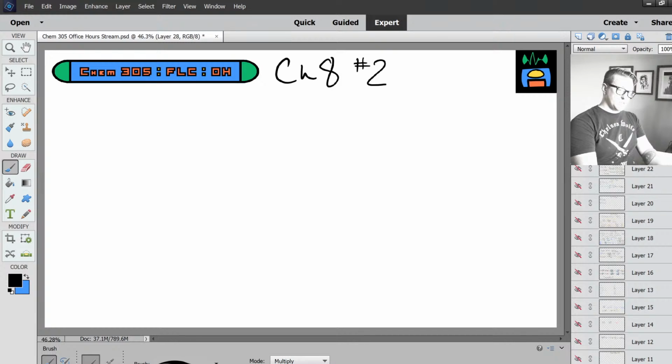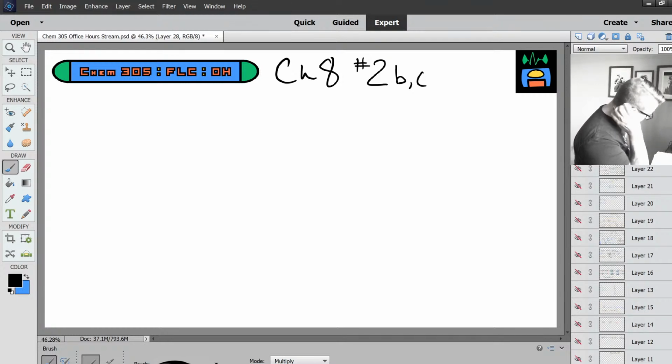Chapter 8, question number 2, B and C. Indicate whether each of the following statements about general properties of solutions is true or false.